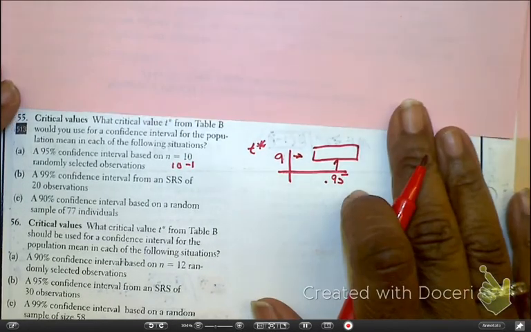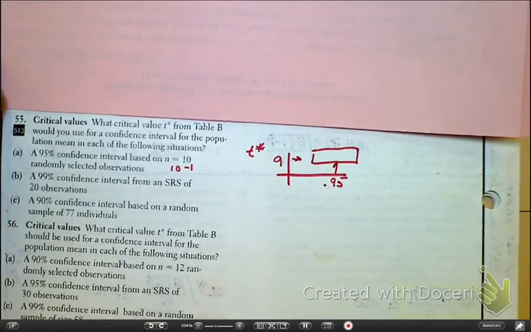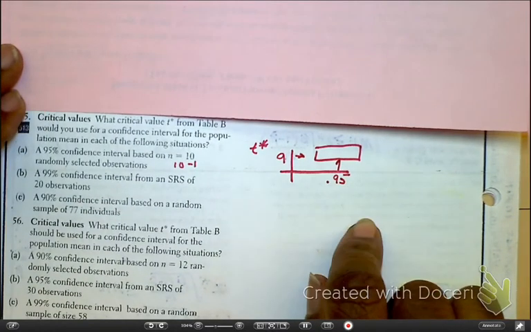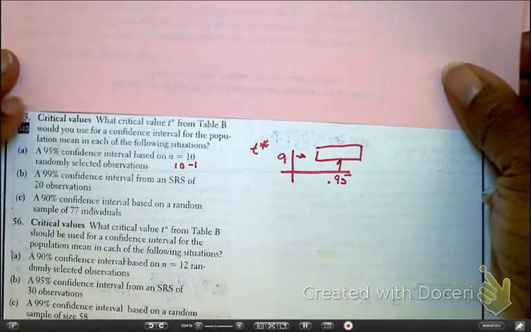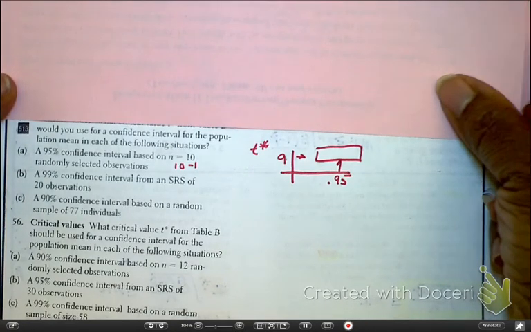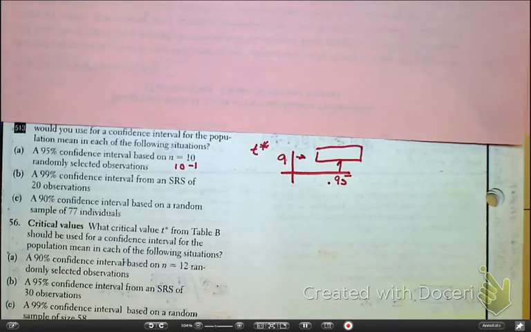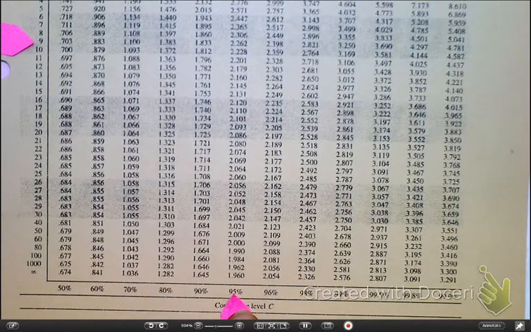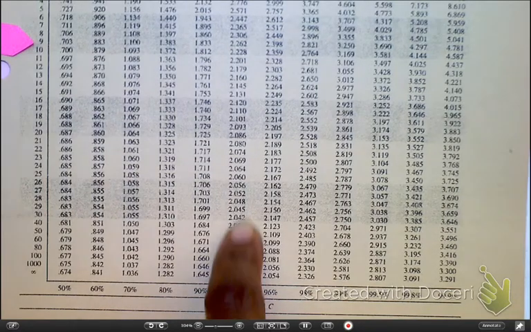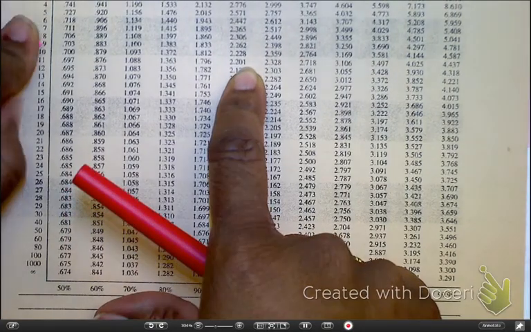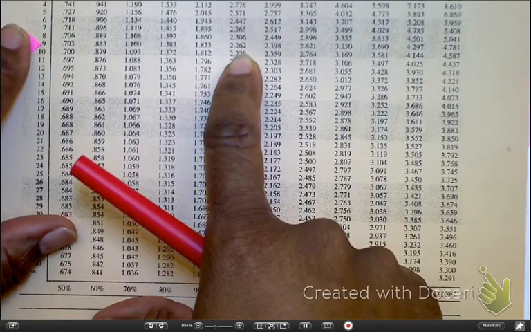The way I was doing it before works, and we're going to talk more about when I could use that method, but the reality is going from the bottom up is easier. So let me transfer over so we can see what that value is. So I have my 95% confidence interval, and I'm going to slide up until I get to that degree of freedom, which was 10 minus 1, 9.